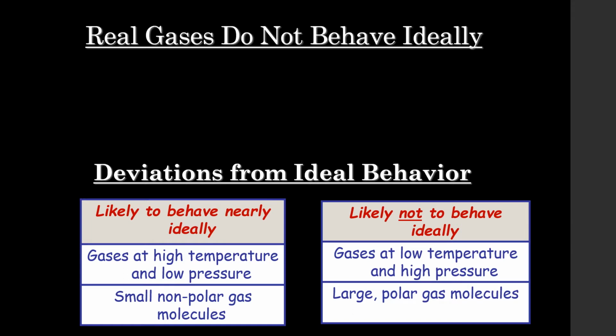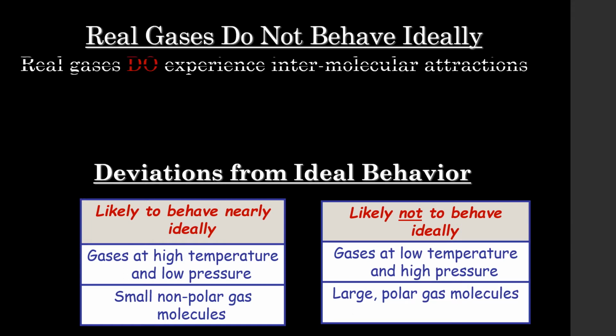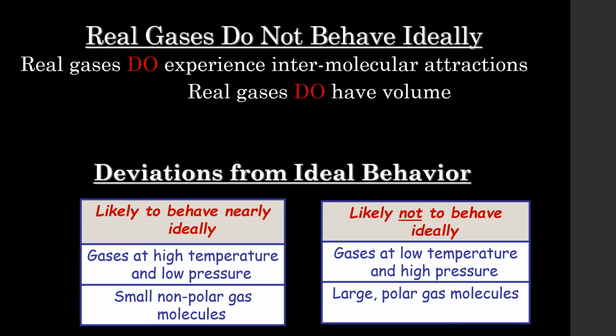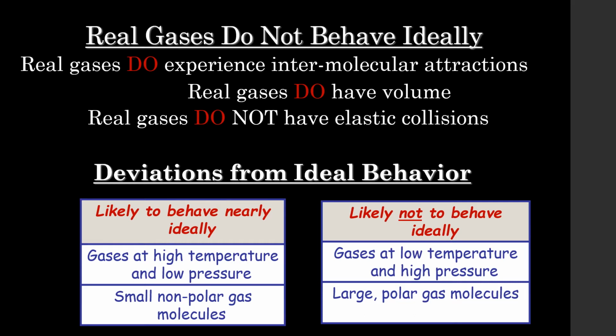However, real gases are a bit different to our model. Real gases do experience intermolecular attraction. Remember, neon had those temporary dipoles which allowed the monatomic neons to stick to each other. Real gases do have some volume, and real gases do not have elastic collisions.